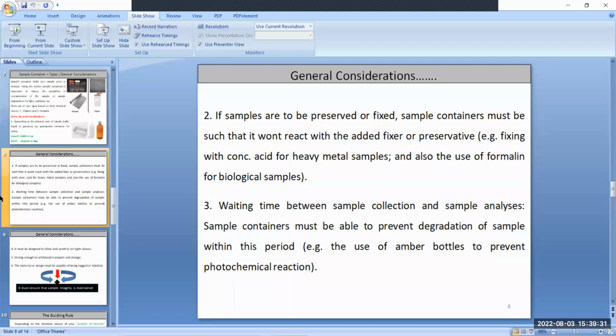So these are processes that require either fixing or preserving the sample. The choice of your sample container must be such that those additives, those fixers and preservatives, will not interfere with your sample container.